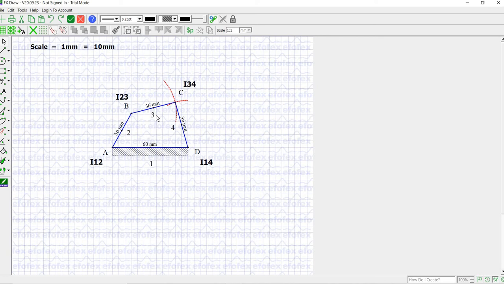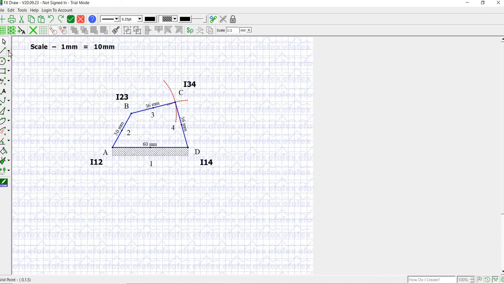So we will consider links 1, 2 and 3. I12 is already located, I23 is already located. What is the remaining one? That is I13.